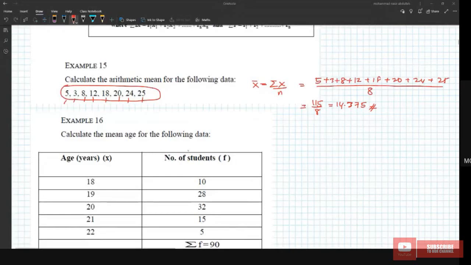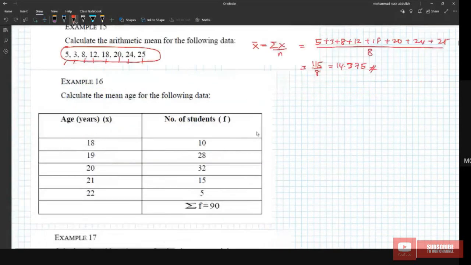Now we can move to the next example, which is example number 16. In this example, we have a frequency table. In the first column, which represents the age of the children in years, this is the class value.